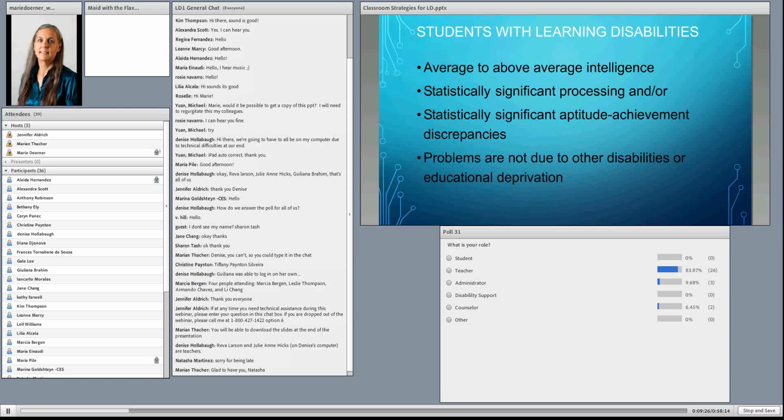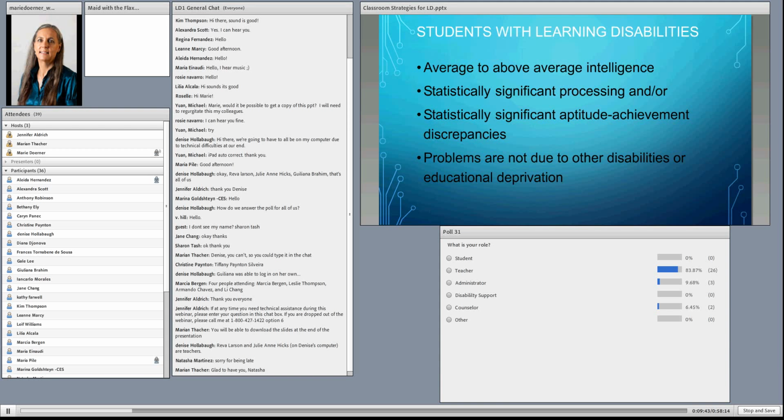Students with learning disabilities specifically are defined as having average to above average intelligence. People with learning disabilities are smart and really capable of learning.